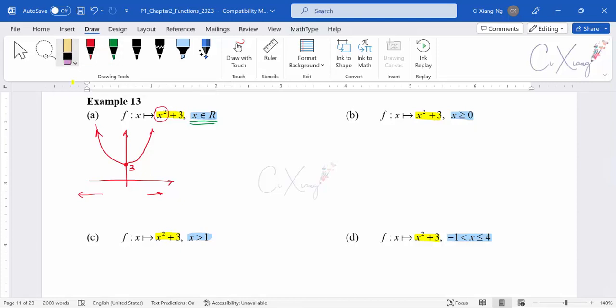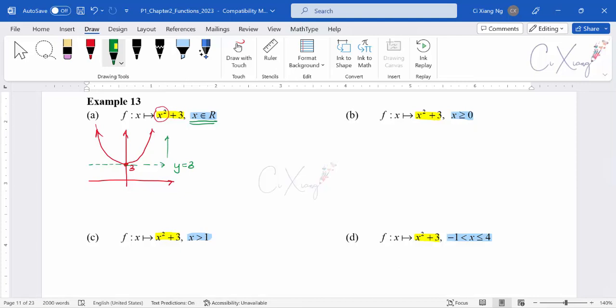After you sketch the diagram according to the domain, you can decide the range by looking at the diagram. Where is the lowest point of this diagram? You can see that the lowest point is this line where y equals 3.